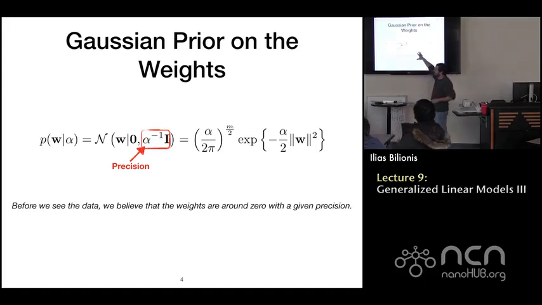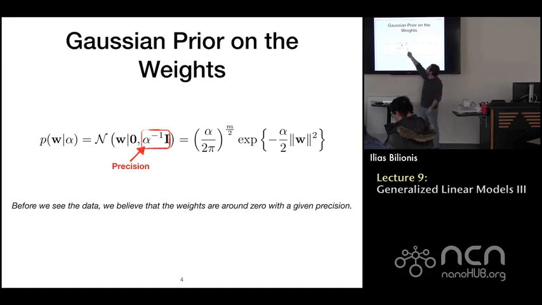Now, a very common choice for the prior of the weights is this distribution, which is Gaussian. So you're basically saying, before I see any data, I think that it is equally likely to have positive and negative weights. And they're going to be distributed around 0 with this precision alpha there, which is basically an inverse variance. So the smaller this precision, the more you don't know about the weights, let's say.